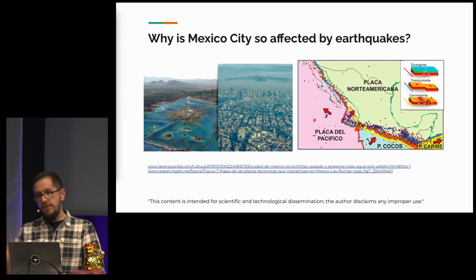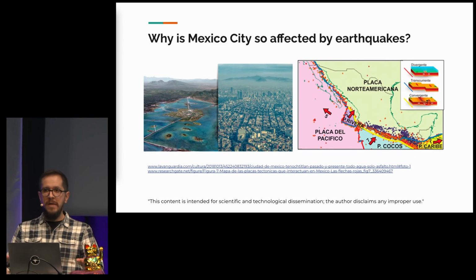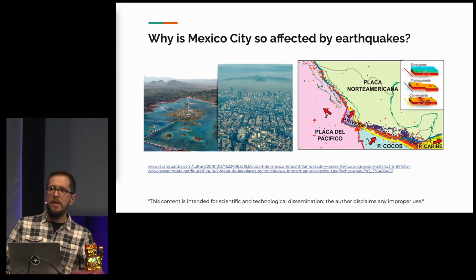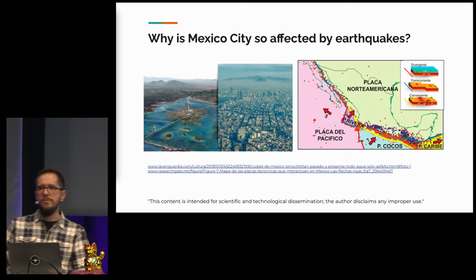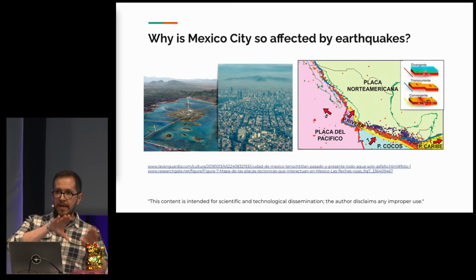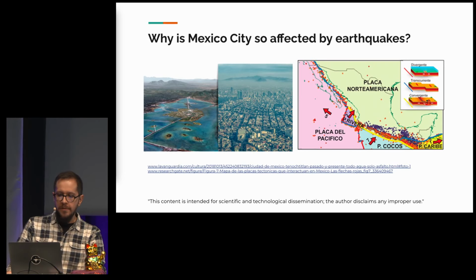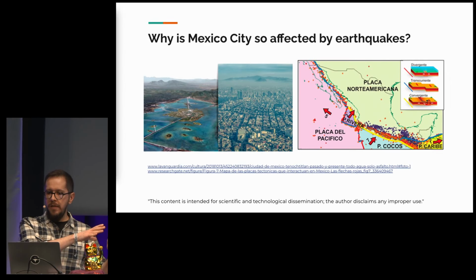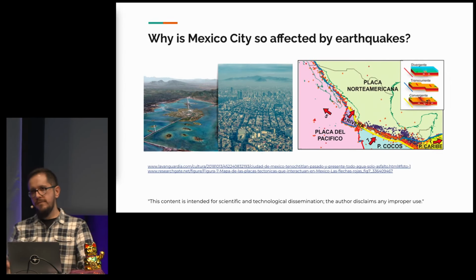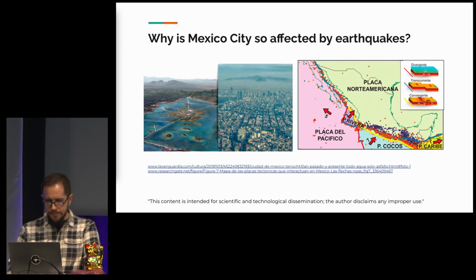And the second reason is on the right: the eastern part of Mexico is on 4 tectonic plates that have some play around there. So that's why Mexico City is so affected by earthquakes. We have these tectonic plates, and the city is built on what used to be a lake.